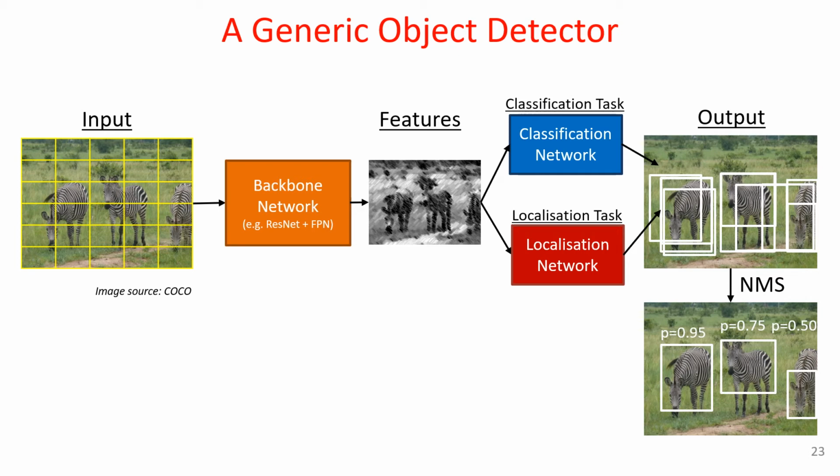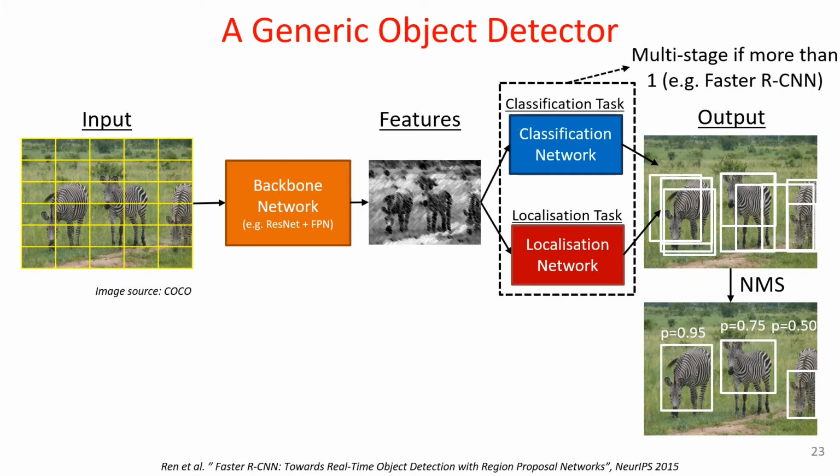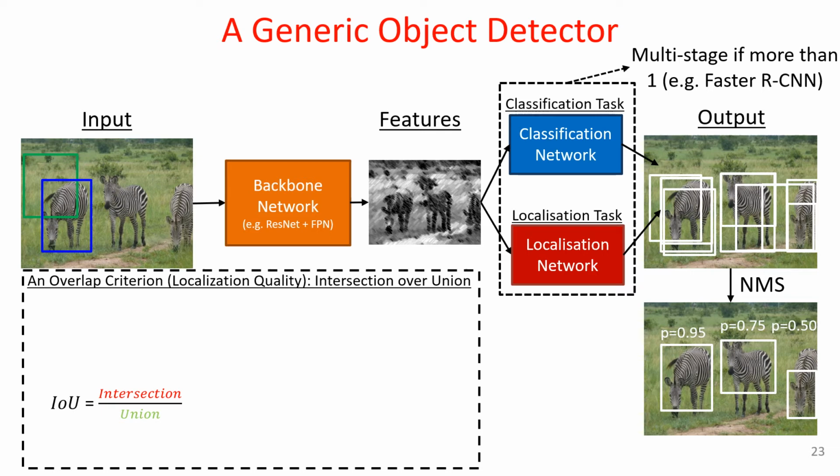In some detection pipelines, there can be more than one pair of classification and localization networks, which can be regarded as multi-stage detectors. Finally, to measure the proximity of two bounding boxes, green and blue boxes in the image, intersection over union is adopted as a common overlap measure. As the name suggests, given two boxes, we measure their union and intersection and then estimate the ratio.